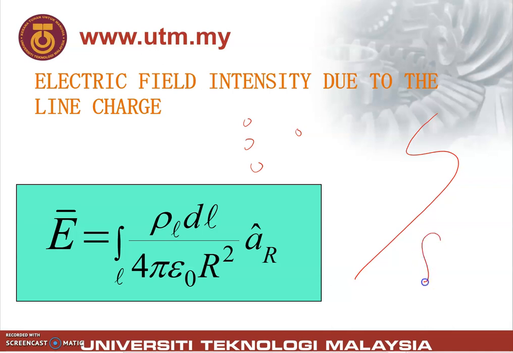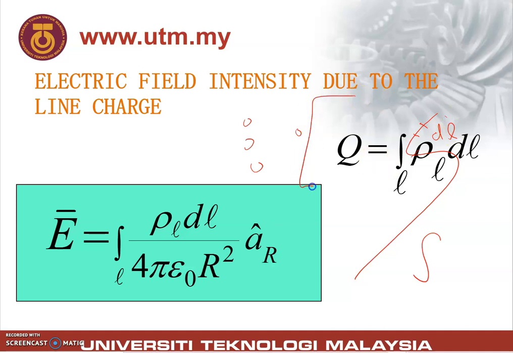That's why we have to use integration. For the summation of all the continuous charge, we use integration. You have seen this before: rho L dl, integrated, gives you the charge.